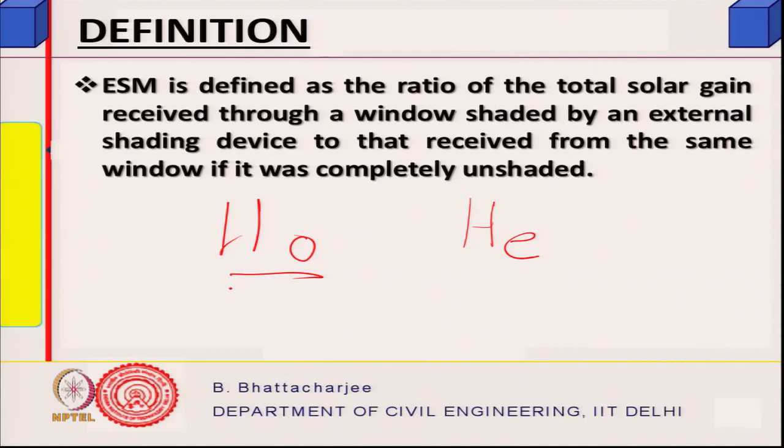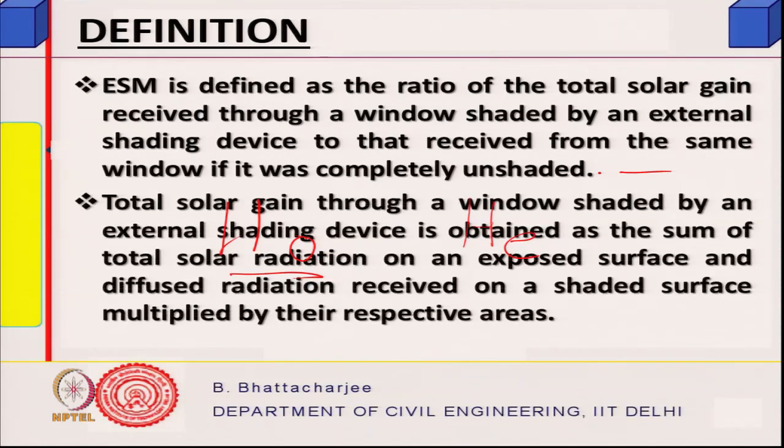During the overheated period, divided by the total incident upon it. So, if I want to calculate that sort of a thing, then this algebra we are talking about becomes important. So, you can see the similarity. It is the solar gain received through the window shaded by an external shading device to that received from the same window if it was completely unshaded, right. So, it is a ratio actually.